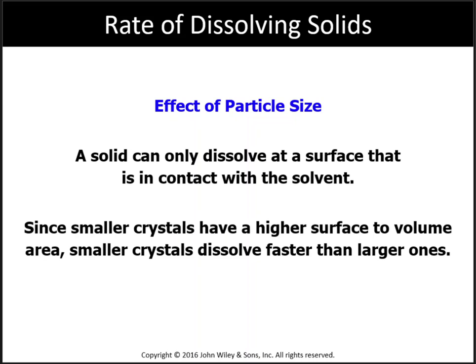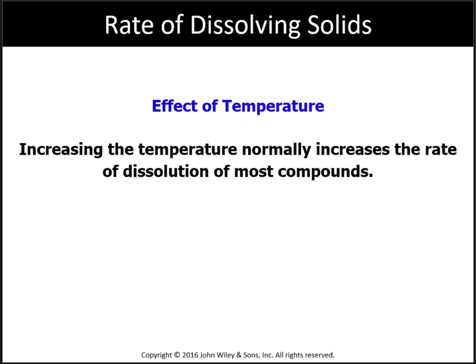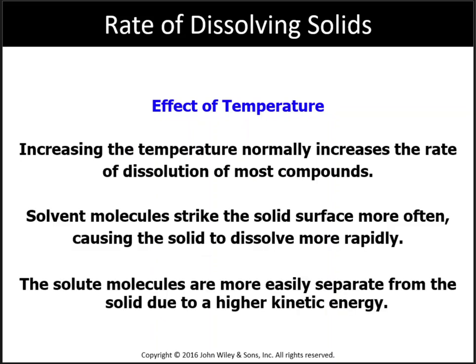Another factor is the effect of temperature. As the temperature increases, the rate of dissolving solids increases too. And that's again because of the kinetic energy. The kinetic energy of the solvent and solute goes higher, so there is more collision between the solvent and solute molecules, so the rate increases.